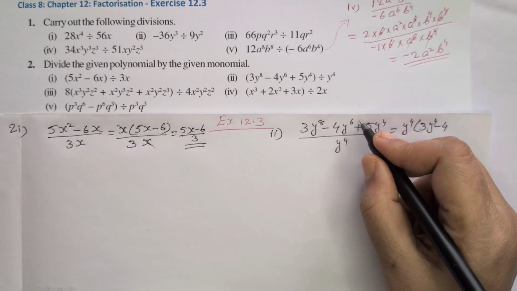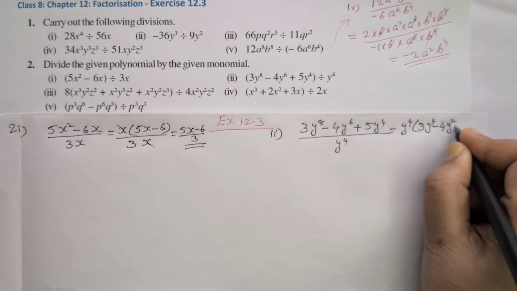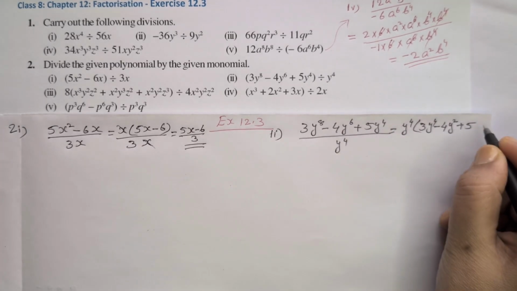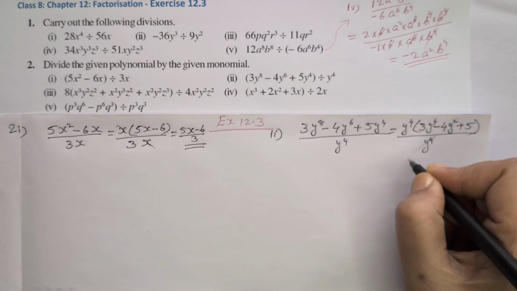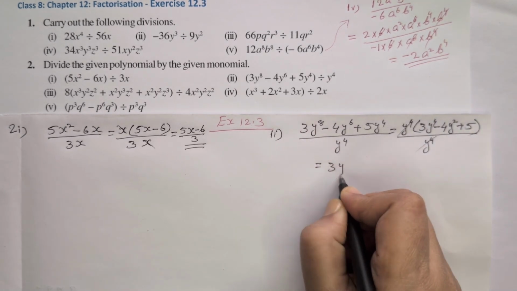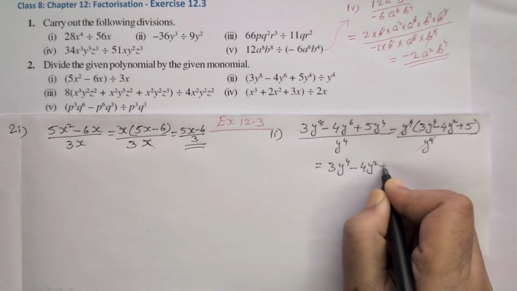From y raised to 6, 4 times is taken, then 2 times is remaining, y square, plus 5. This y raised to 4 is already taken out, that means 5 divided by y raised to 4. This we can cancel, which is equal to 3y raised to 4 minus 4y square plus 5.